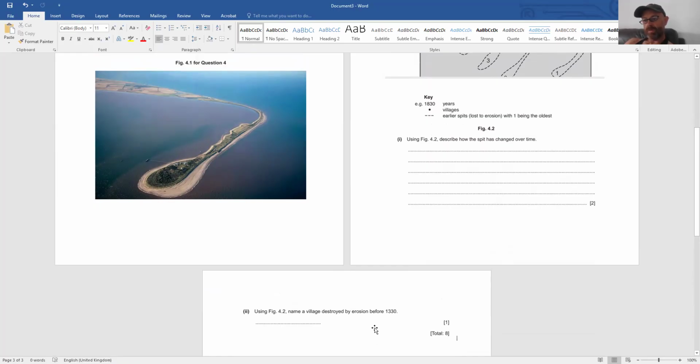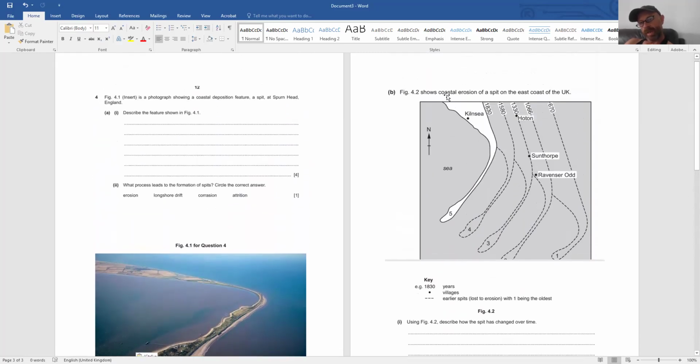It's a long time ago, 900 years, whatever. A long time ago. It's not 900 years, 700 years, but so same figure. The key words there are name, village destroyed before 1330. Now, these lines show us, okay, well, we don't want the villages before 1066. This is 1330. Well, we can see Honton and Sumthorpe were not destroyed.